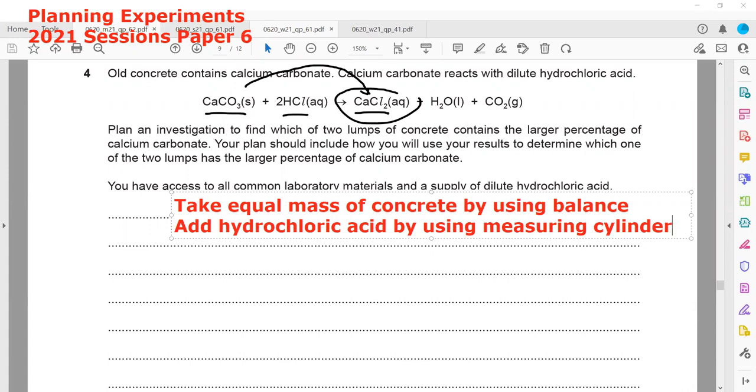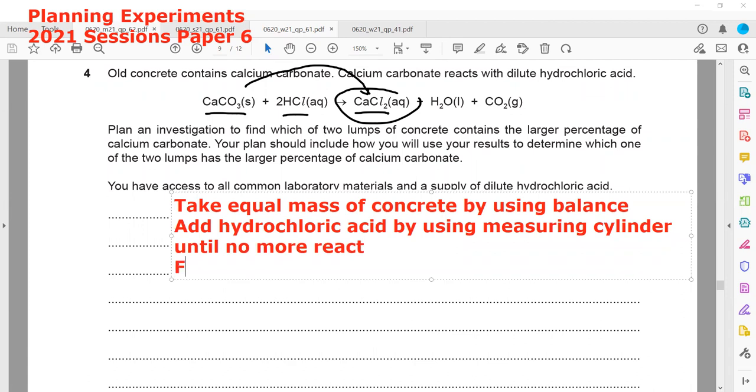Because this experiment does not require accurate measurement, we can use a measuring cylinder, whose advantage is that we can add acid quickly. So add hydrochloric acid using a measuring cylinder until no more reacts, meaning the hydrochloric acid is in excess.